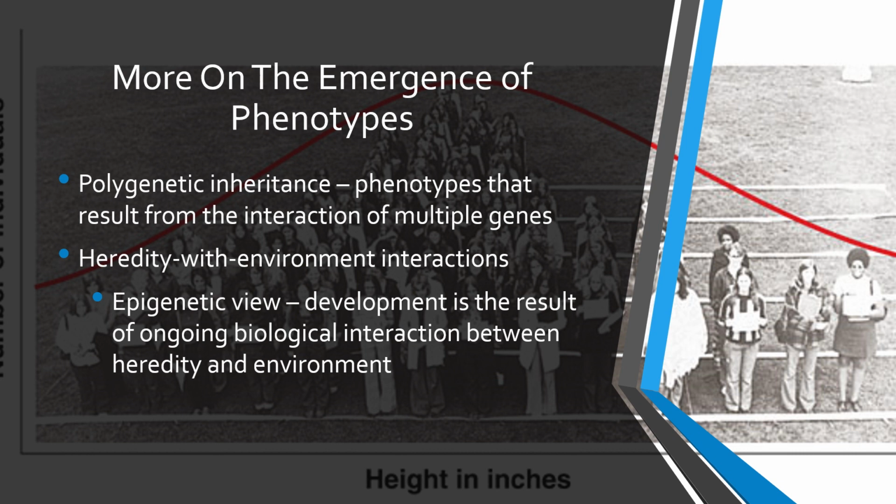This has led lots of researchers to focus their attention, when talking about physical development, both inside the womb and long after, on what's called the epigenetic view of development. This is the recognition that when we want to understand who you are, we do need to know your genes, we do need to know your environment, but we also have to understand how the interaction between genes and environment unfolded as you yourself unfolded.